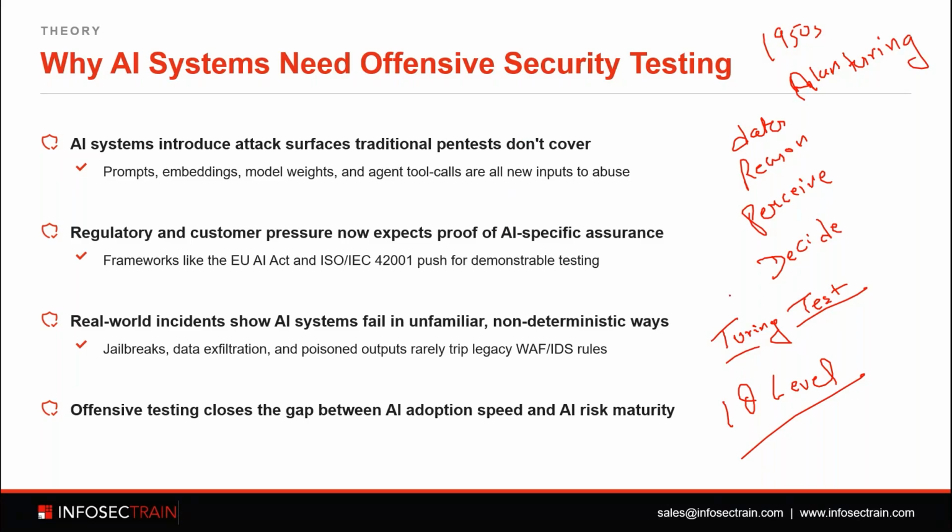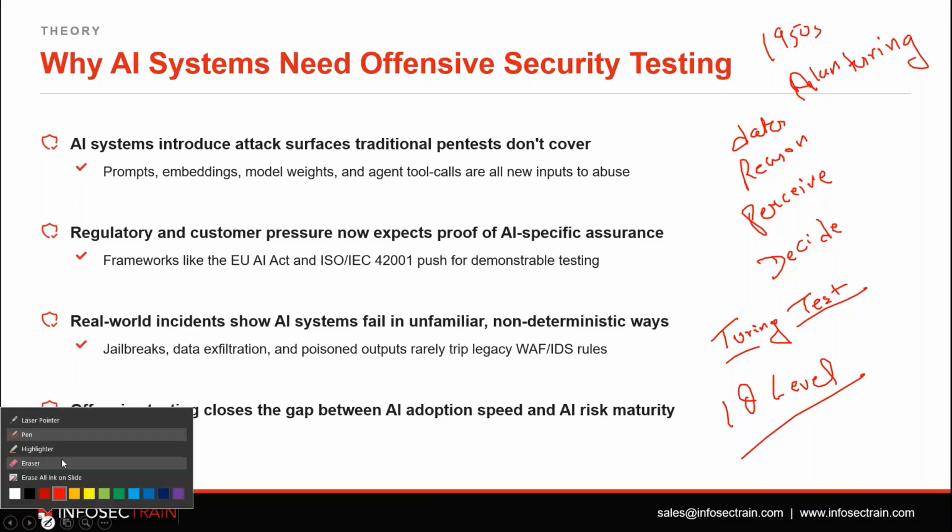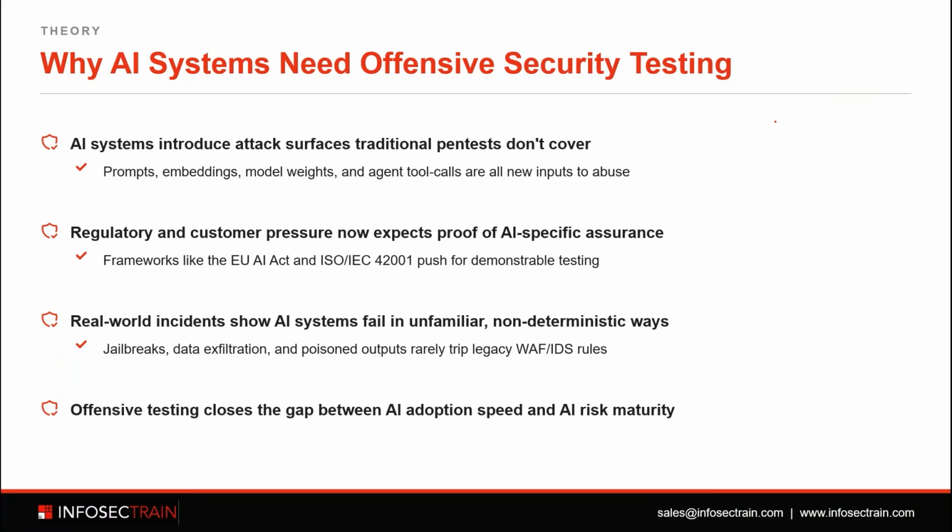So in the Turing test, what used to happen? There used to be three things: a human, a computer, and then behind a curtain or a wall, another human.